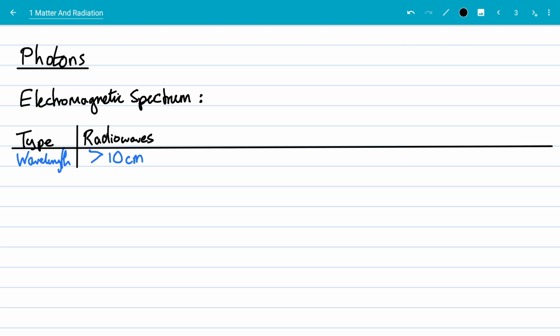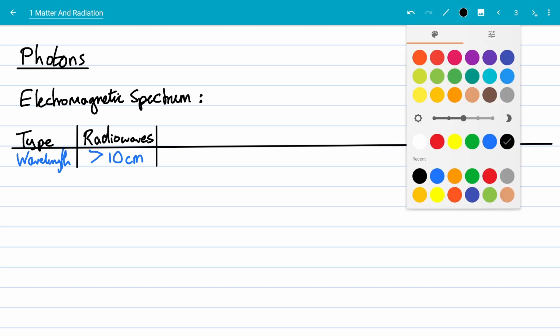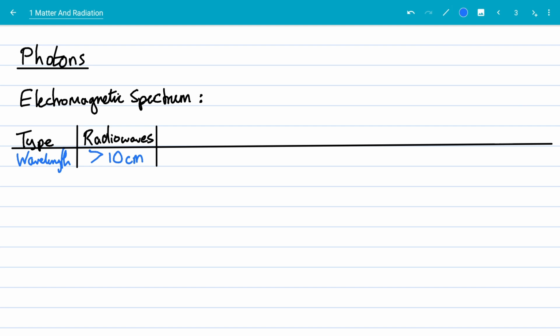So we start with radio waves. Those are the waves with the largest wavelengths, and there's no upper limit to them. Rather than writing a full range each time, I'll just write, for the next one, anything that is more than a millimeter for microwaves, but obviously that doesn't include radio waves.